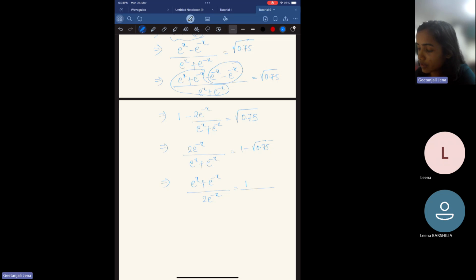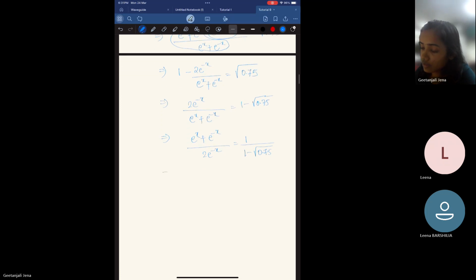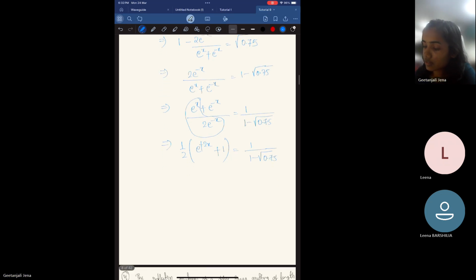This will give 1 by 1 minus the square root of 0.75. Dividing, this will give half e to the 2x plus 1, which is 1 by 1 minus the square root of 0.75.